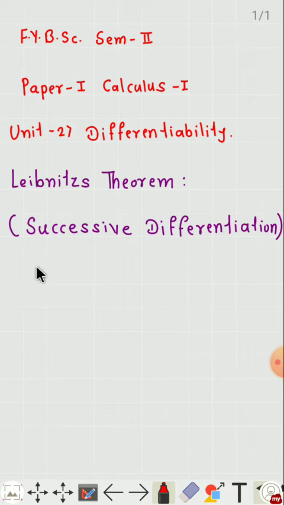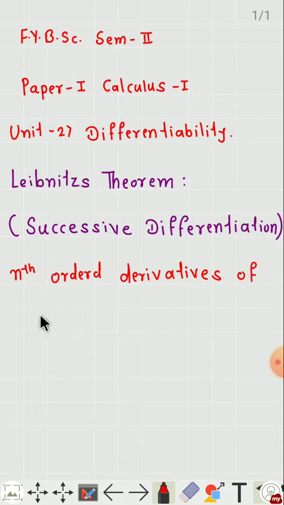Let us give the heading: nth order derivatives of some standard functions.